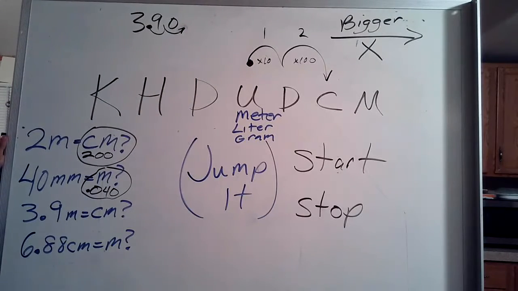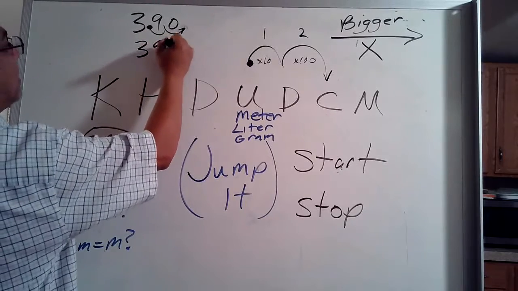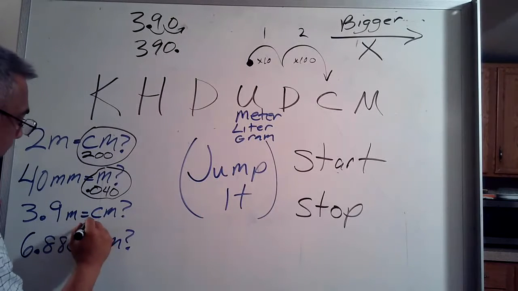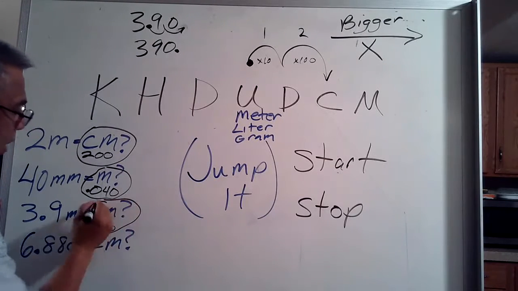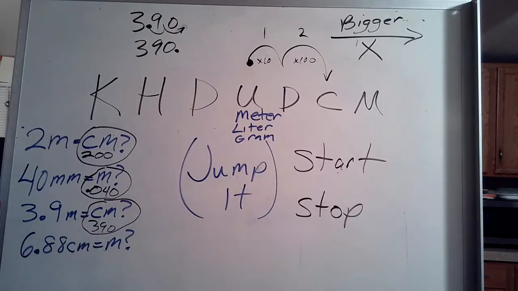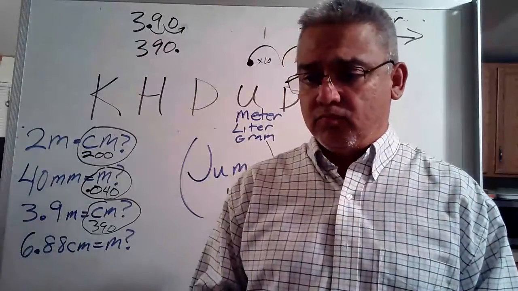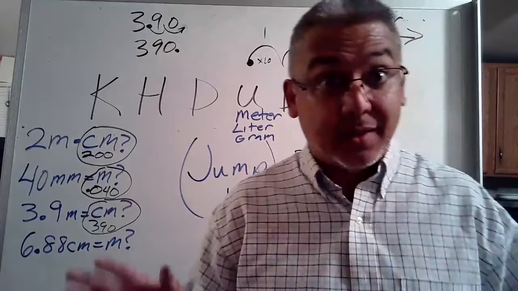Okay. So I have to do what? Rewrite. That turns into 390. But 390 what? 390 cm. Don't forget your label. So as you can see, converting the numbers of it really isn't that hard.